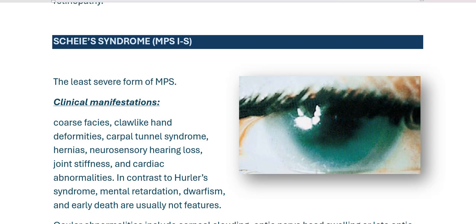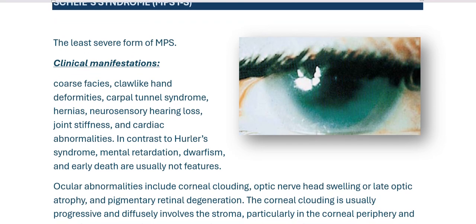Mucopolysaccharidosis type 1S, previously called mucopolysaccharidosis type 5, Scheie syndrome. This is the least severe form, and again it presents with general manifestations and corneal opacity, but this time it's more common in the periphery. It has central cloudiness as well, but peripheral cloudiness is very common.